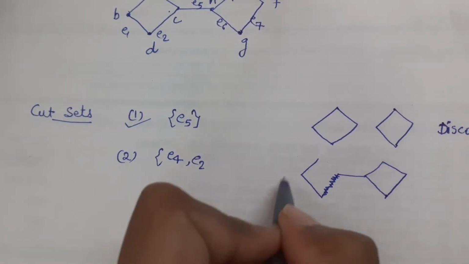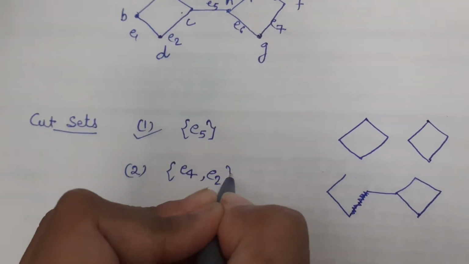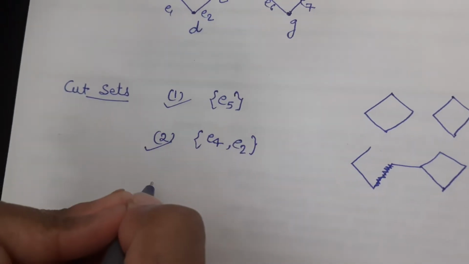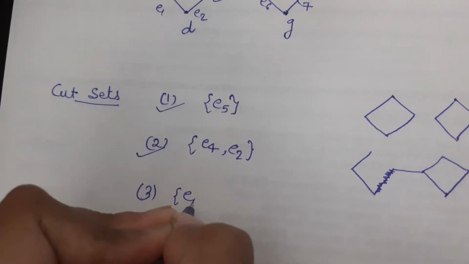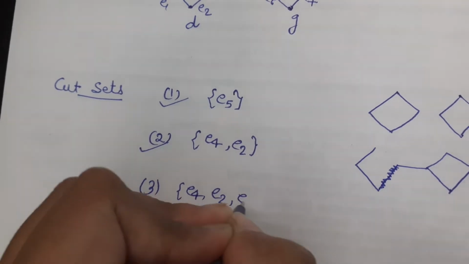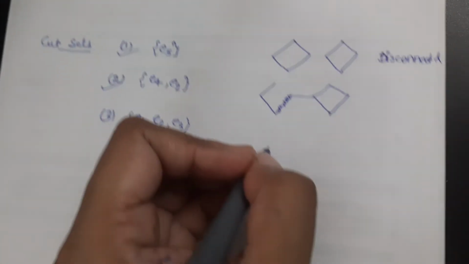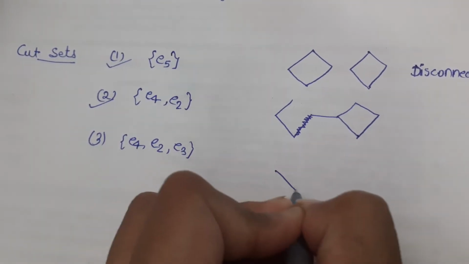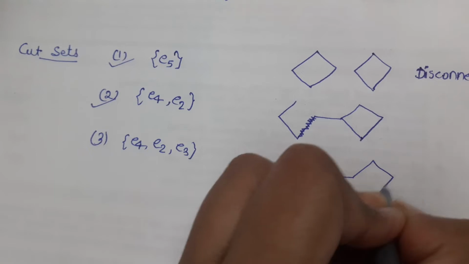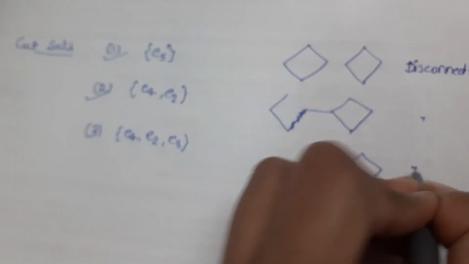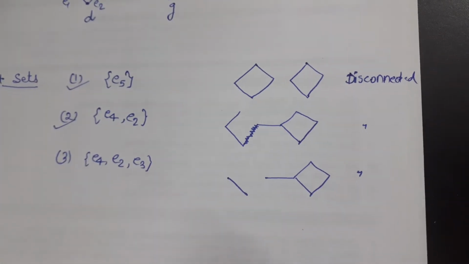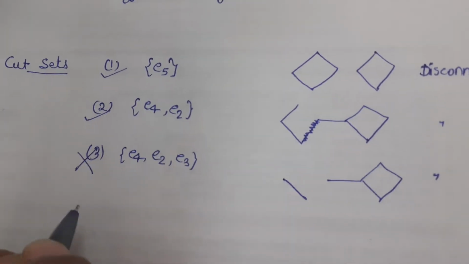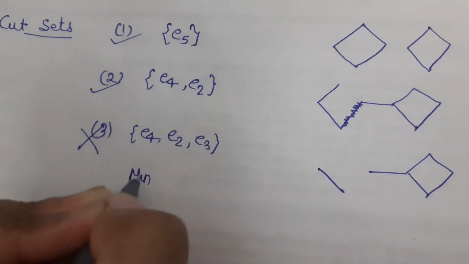Since this graph is disconnected, hence it becomes a cut set. Again, suppose I have taken E4, E2 and E3. After removing these three edges, the graph I received is this. Again, this graph is disconnected, but it is not a cut set because it is not minimal.